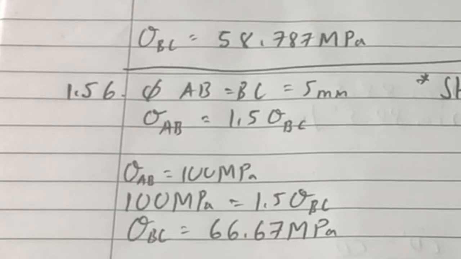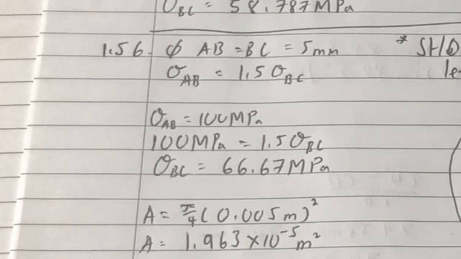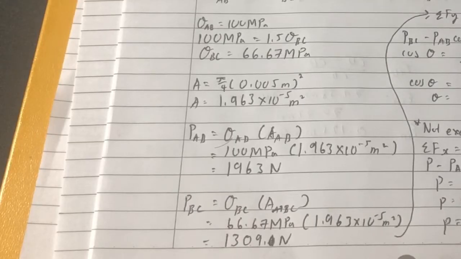Then we also need to find the area, and the area is the same, which is 1.963 × 10^-5 m². By using the average normal stress equation, force over A, we need to find the force first so that we can use the Pythagorean theorem to find the angle.